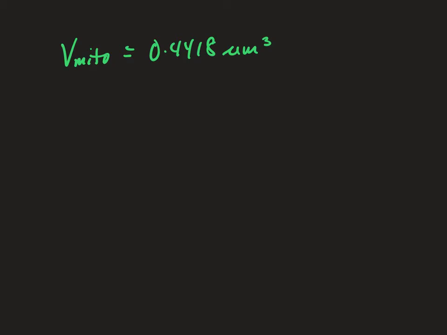So let's look at the volume of a liver cell. A reference I saw said that a liver cell is roughly cubic as it is packed in within the organ. The way it's surrounded, they're not spherical.